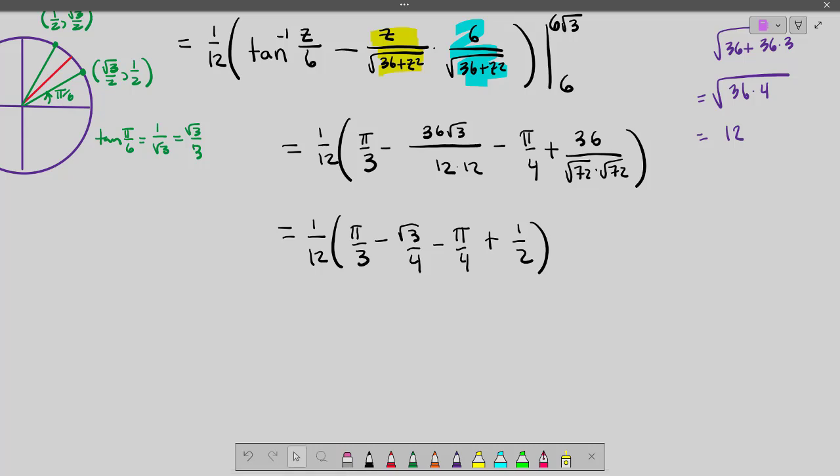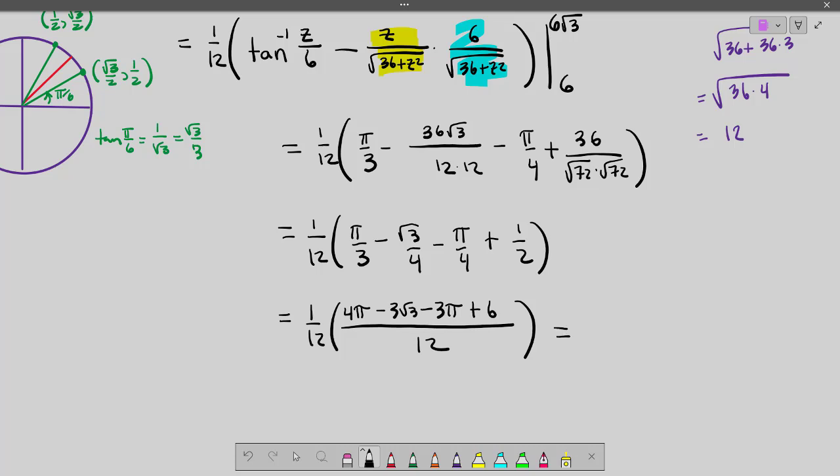The common denominator for all of this is going to be what? 12. So we can turn this into a single fraction with a 12 in the bottom. This has to be multiplied by 4, this has to be multiplied by 3, this has to be multiplied by 3, this has to be multiplied by 6.